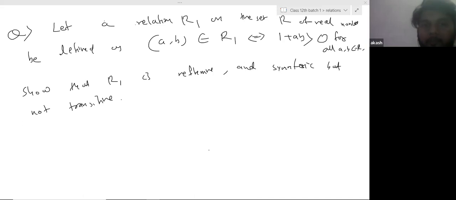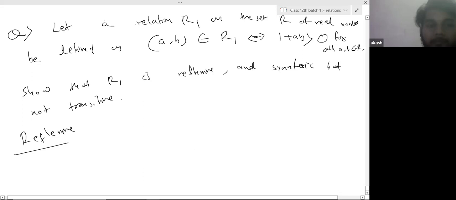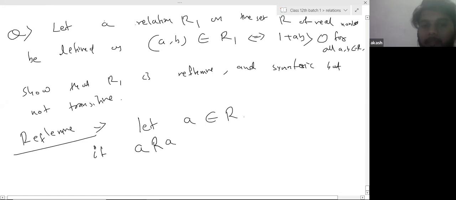All right. So to prove this relation is reflexive, we have to prove that all the elements will be related to themselves. So for reflexive, let A belong to R. A is any element that belongs to the set R. We check if 1 plus A times A should be greater than 0.